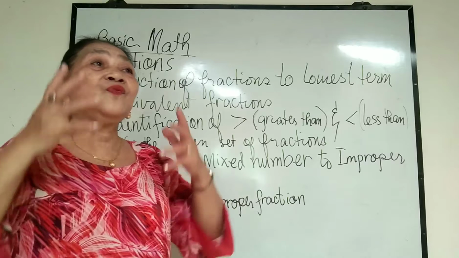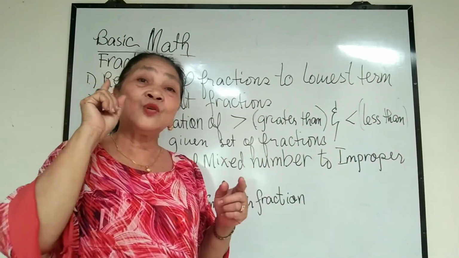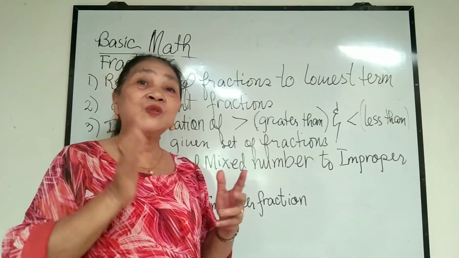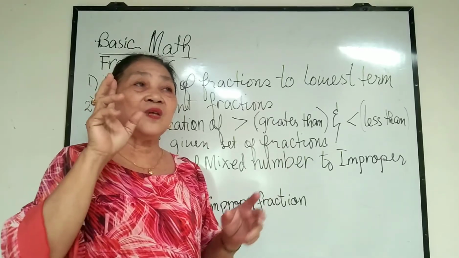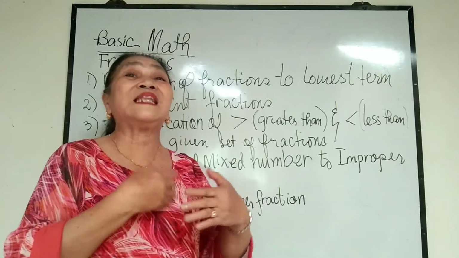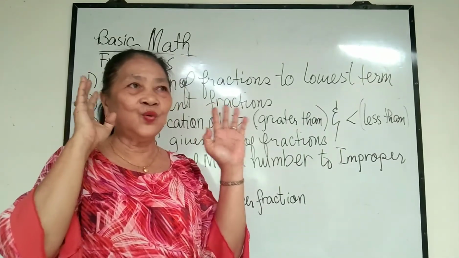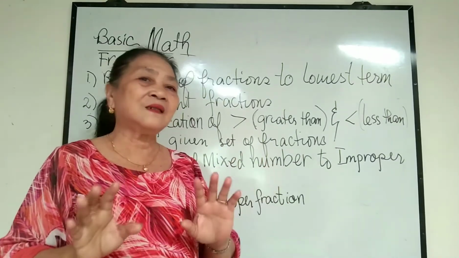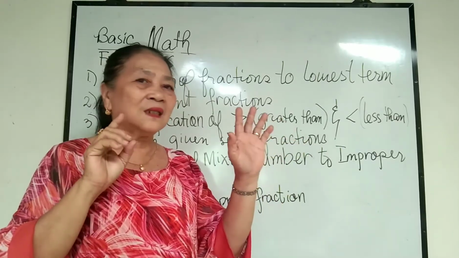We have to think over that the denominator will tell us how many times we divided the object, and the numerator will tell us how many parts will be taken. So you have to always analyze the greater than and less than. Is it greater than? Is it less than?